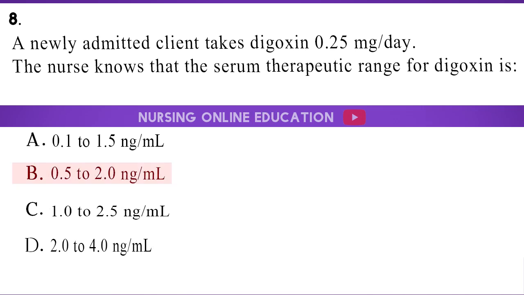The answer is option B, 0.5 to 2.0 nanograms per milliliter.